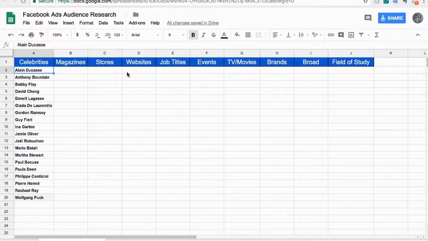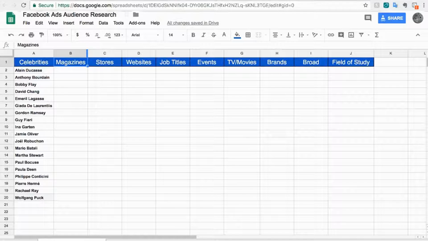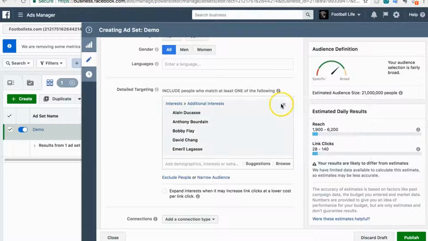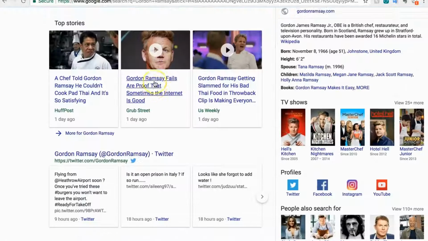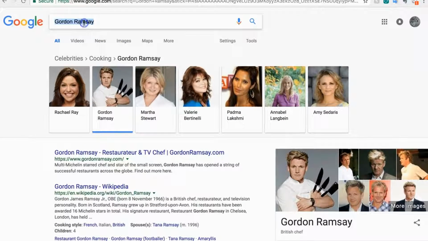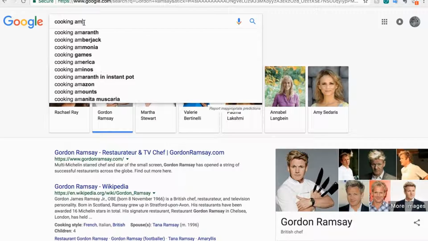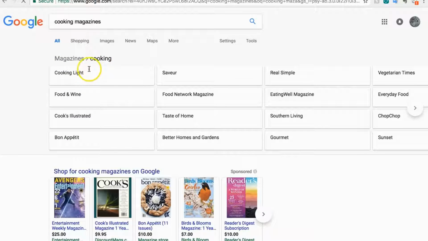So what I do, I actually just list out the group of fan pages one by one. For magazines, I go back and try to figure out one of the magazine names first. So I figure out cooking magazines, right?